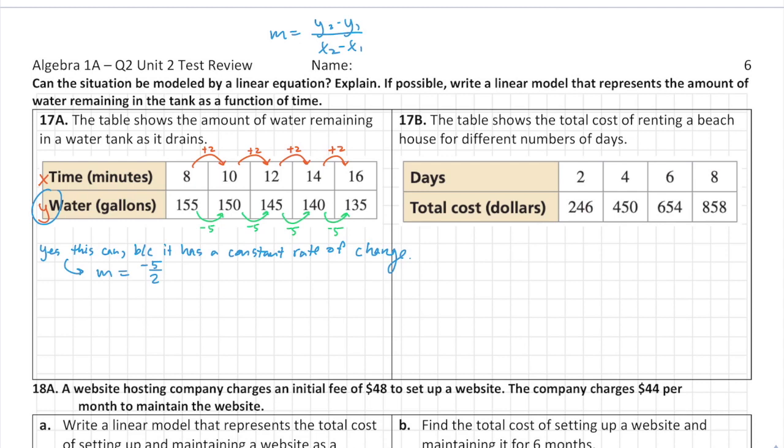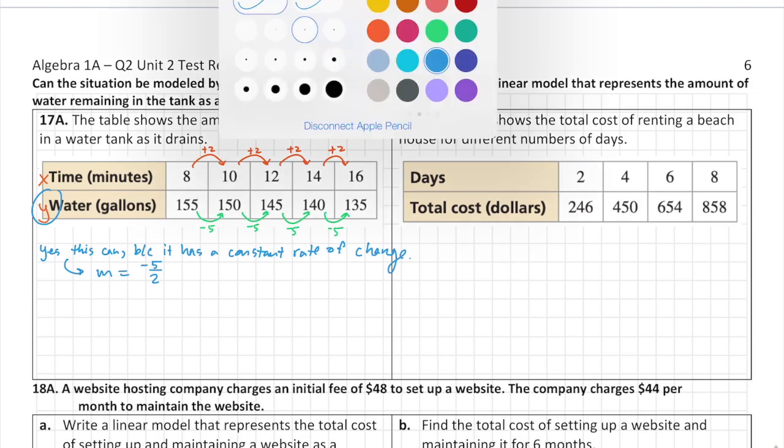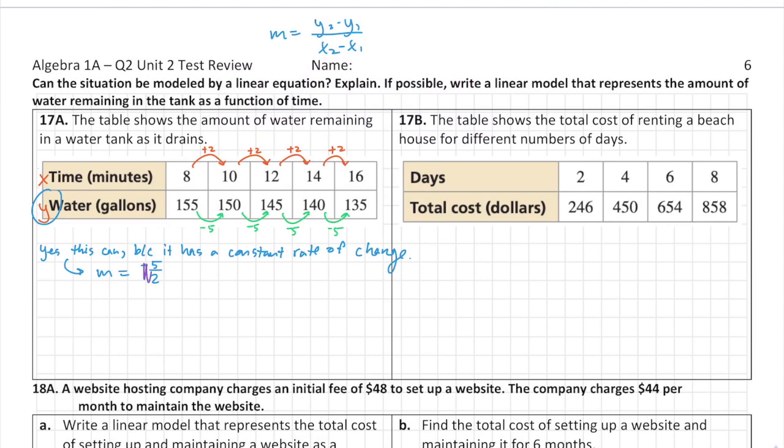Now I have my slope, but if I want to write it as a linear model, I actually want it in slope-intercept form. I don't know what my y-intercept is, but I could write this in point-slope form because I know the slope now, which is -5 over 2.